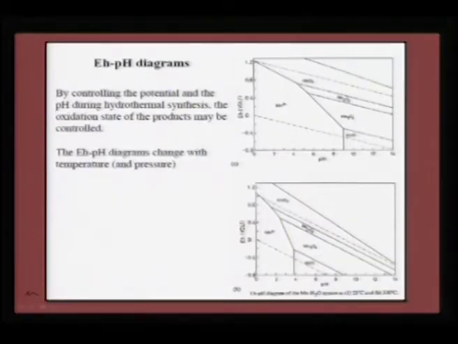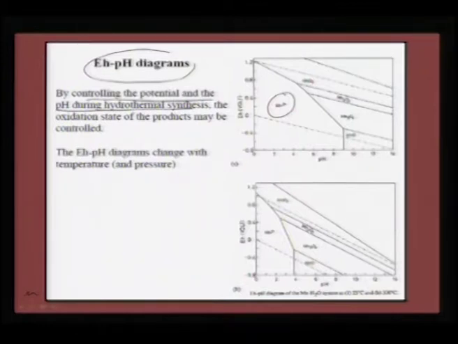There are other issues also connected to hydrothermal synthesis. This particular cartoon shows the Eh-pH phase diagram, which gives a clue about other governing parameters we can operate with during hydrothermal synthesis. By controlling the potential and the pH during hydrothermal synthesis, it is possible to specifically control the oxidation state.